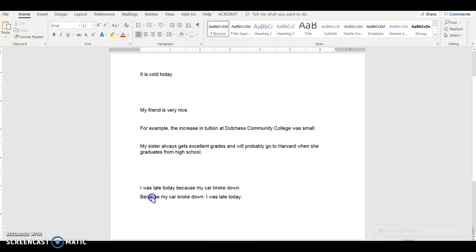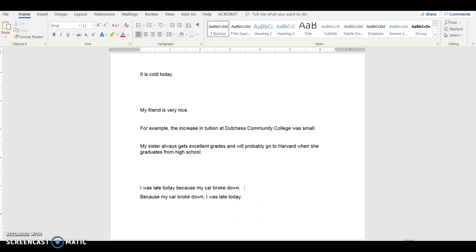And it's a fragment because it starts with a subordinator, but then doesn't continue to connect with an independent clause. We have to connect it with an independent clause. So these are the two ways that you can write your sentences that include subordinators, your complex sentences.